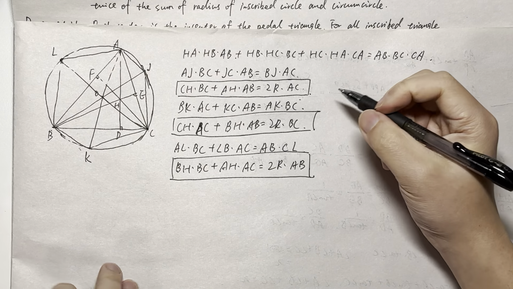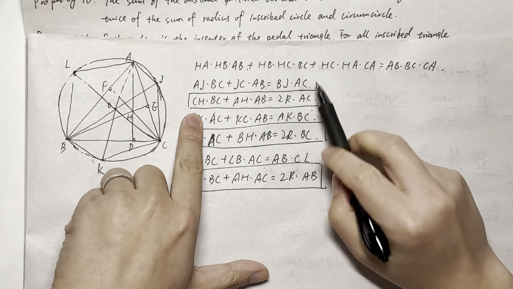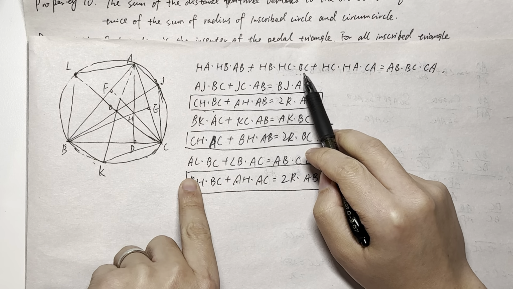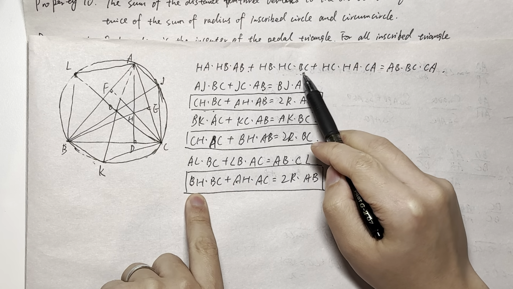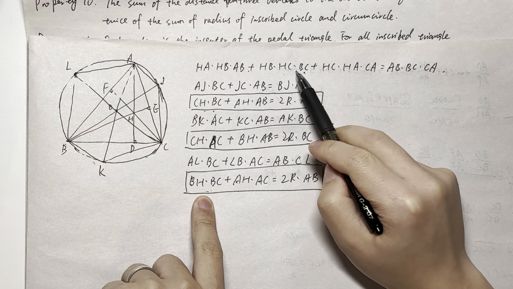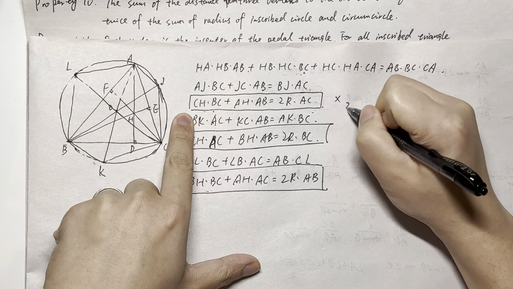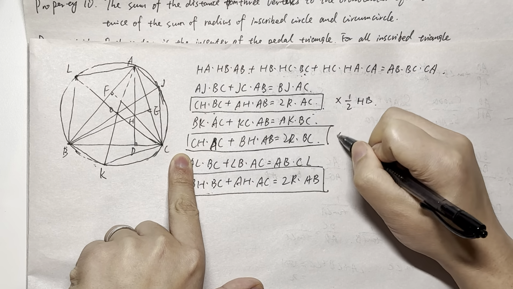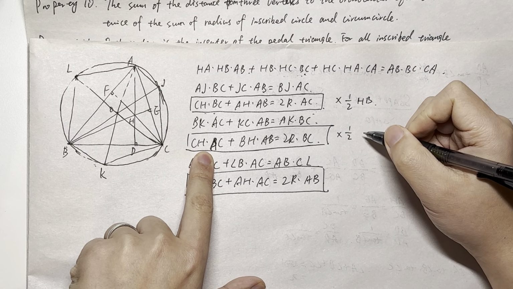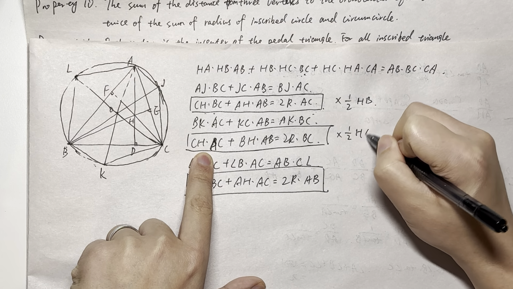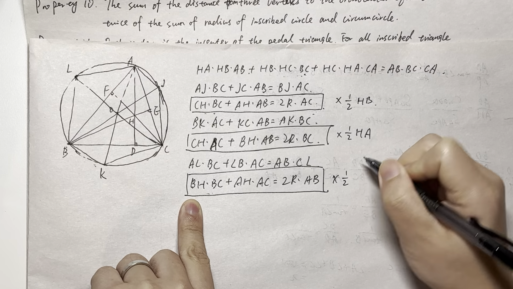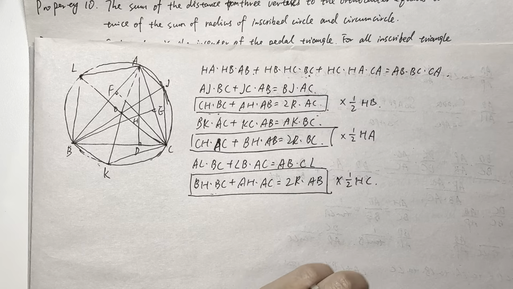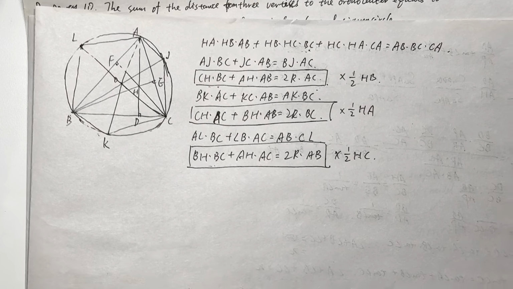So consider that we have HC times BC here, and we have HB times BC here. So we take half of HB in the first equation, half of HA in the second equation, and half of HC in the third equation. Then we can have a new set, right?